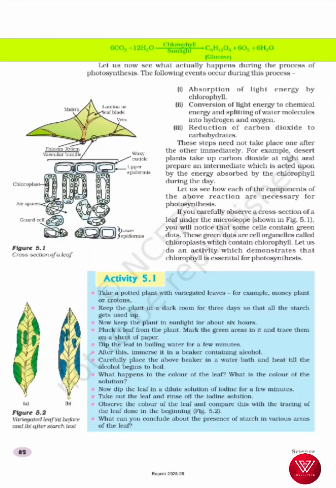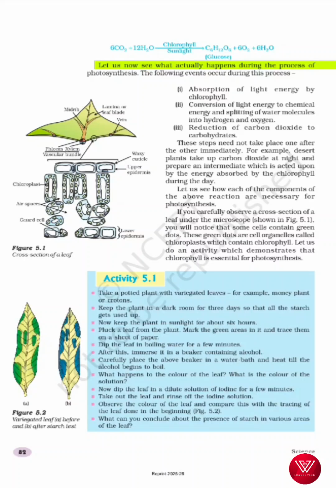Photosynthesis equation: 6CO2 + 12H2O, in the presence of chlorophyll and sunlight, gives C6H12O6, which is glucose, + 6O2 + 6H2O.